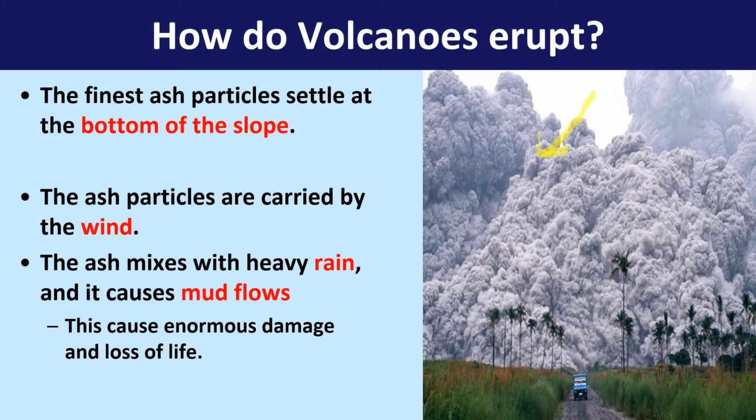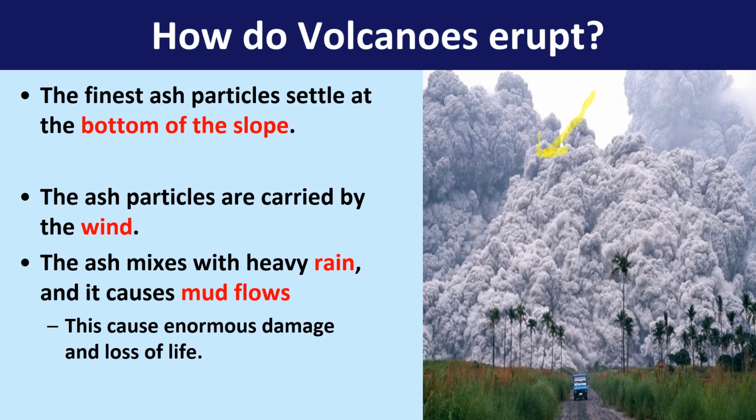The finest ash is kind of like dust particles. Those dust particles settle at the bottom of the slope, and they spread, carried by wind, because they are very light. It's going to cause a lot of lung problems, so your respiratory system, and at the same time, it's going to affect any type of biotic factors, even abiotic factors like water condition.